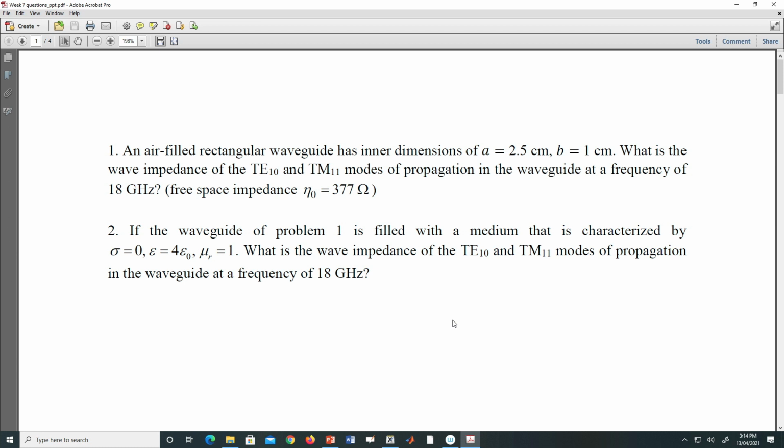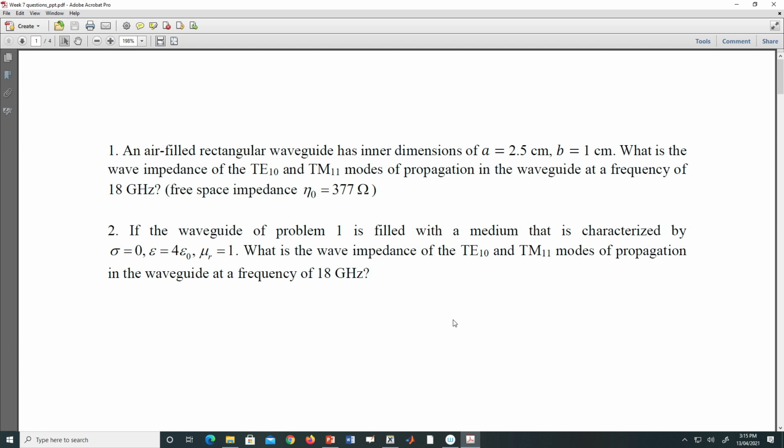So, what is the new wave impedance of the TE10 and TM11 modes of propagation in the waveguide at the same frequency of 18 gigahertz? So, the problem is the same, just the waveguide is filled with a material of relative permittivity 4.